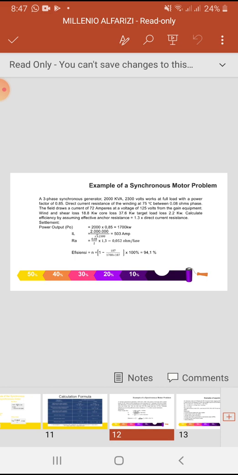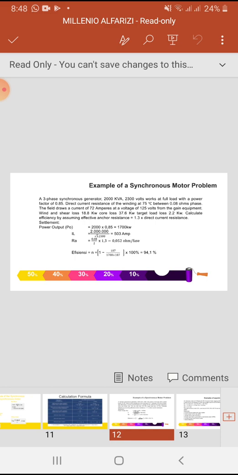The field draws a current of 72 amperes at a voltage of 125 volts from the exciter. Windage and friction loss 18.8 kW, core loss 37.6 kW, stray load loss 2.2 kW.